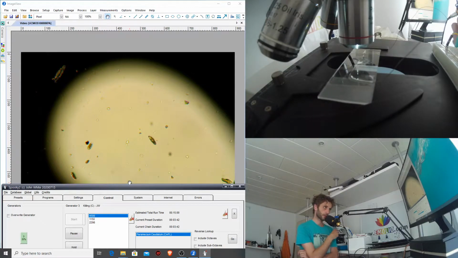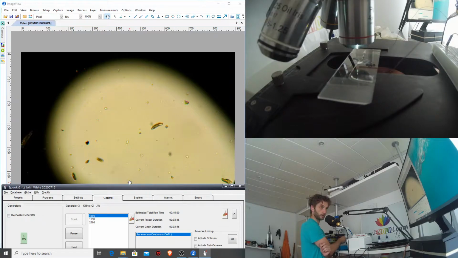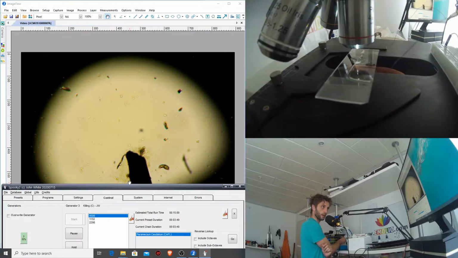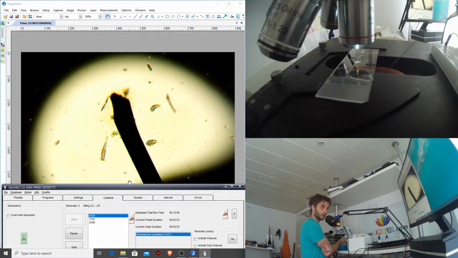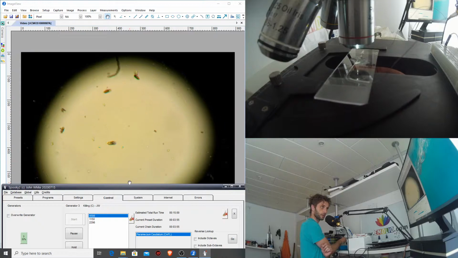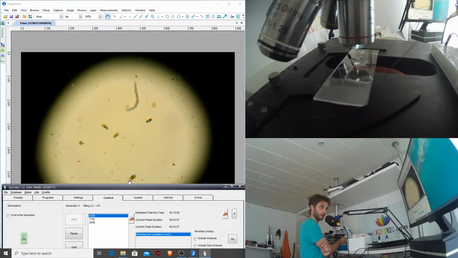Right, this one doesn't move, so I will also see if there are other movements over there. Here's the same situation again. Here there are small ones, they are good swimmers.